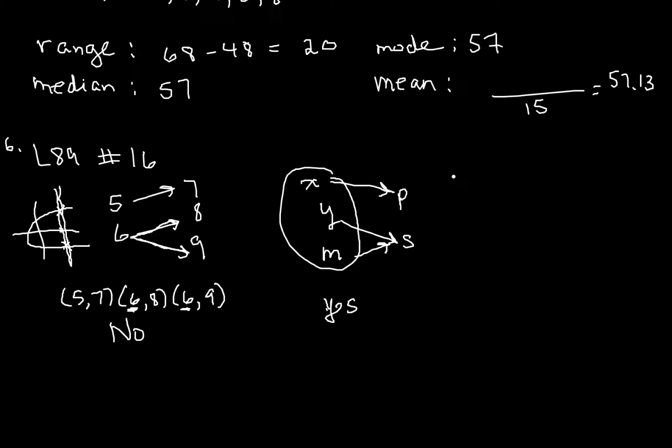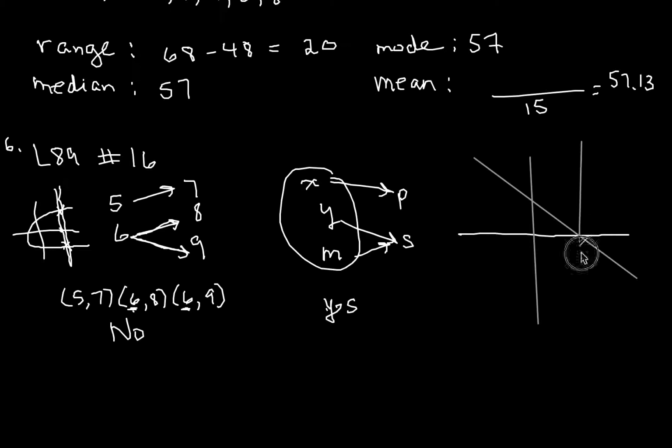Okay, the next one. All right, they give you 2 graphs. So this is the vertical line test thing. They're going to give you a graph that looks like this. Is that a function? Well, we try our vertical line test.